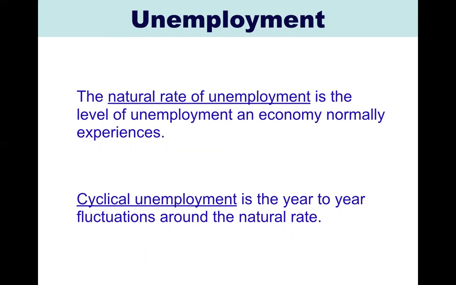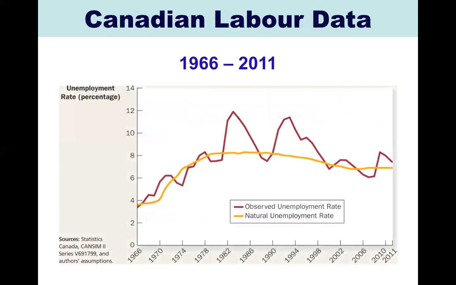And we also have cyclical unemployment, which is based upon the business cycle. Right? So we have what we call booms and busts, or you can call them expansions and contractions. And here we have some Canadian labor data.